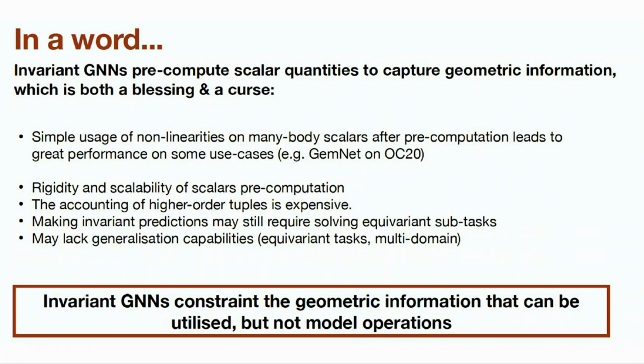Which can be a good thing or a bad thing, because the good thing is once you pre-compute the scalars, you can do any operations on top of them, right? You can combine them, multiply them, add, subtract, or apply nonlinearity. You can apply any operation on them and it preserves the invariance. And it also considers this high-order interaction if you do this kind of four-body thing.